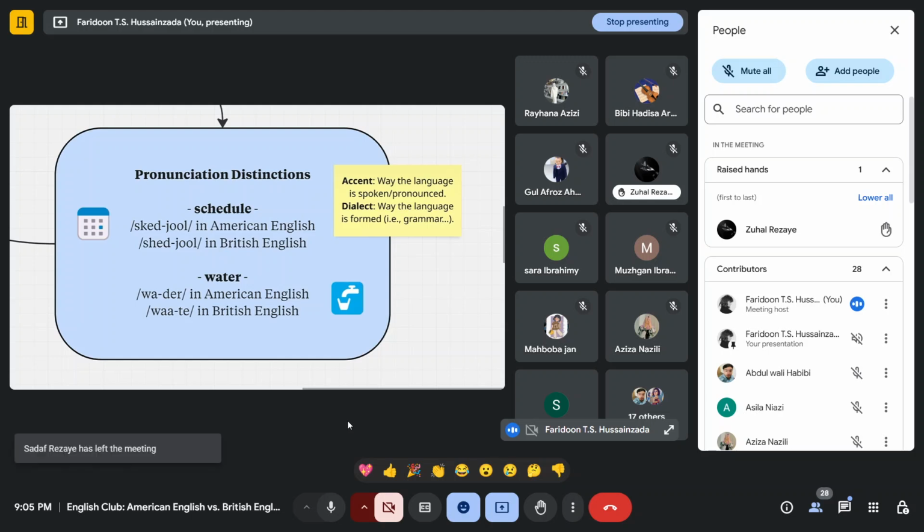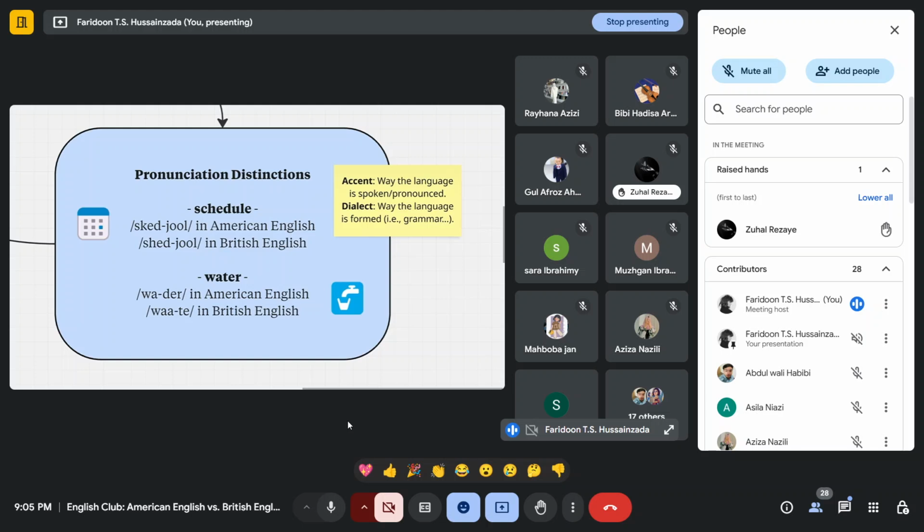So when you say British English, it would include Scottish English. The English spoken in Wales, the Welsh accent as they call it, will also be included. But what we're talking about here is purely UK accent.